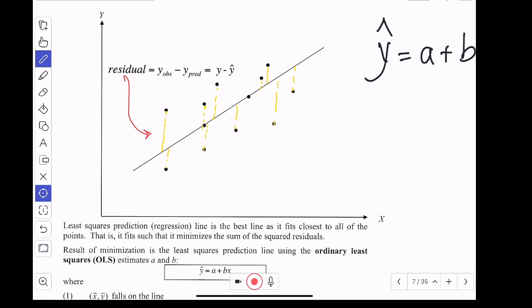You take the observed value of y, so that's the y value here. They should be straight up and down, but they're a little bit crooked. Maybe you can't see them. Let me do it again.